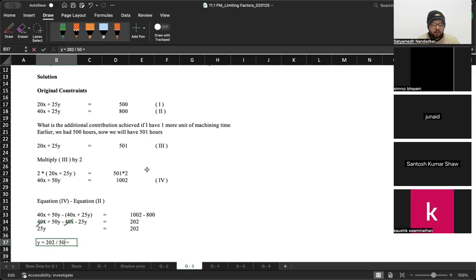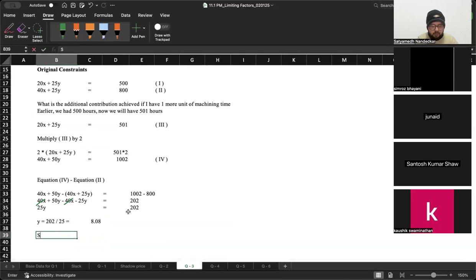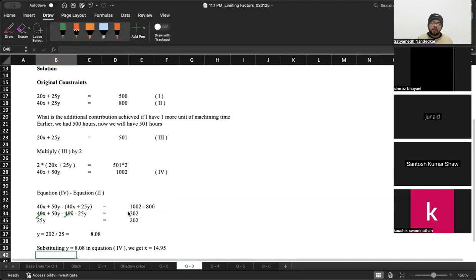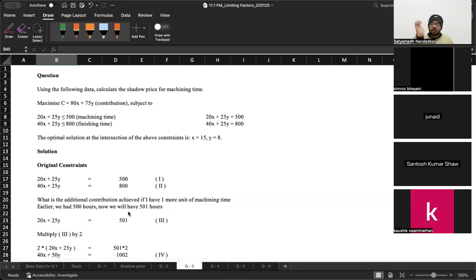And this has to be upon 25. 202 upon 25. y is 8.08. Now substituting y equal to 8.08 in equation 4 or equation 3, anywhere, we get x equal to 14.95.